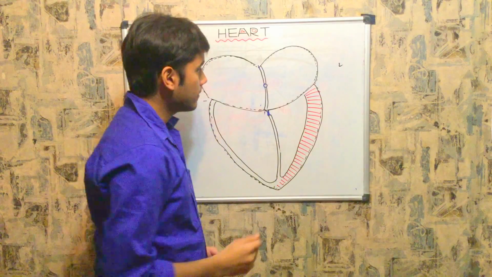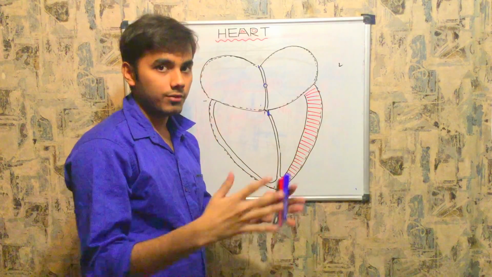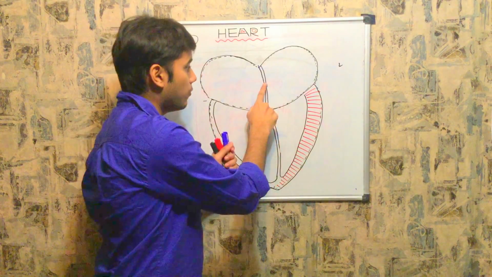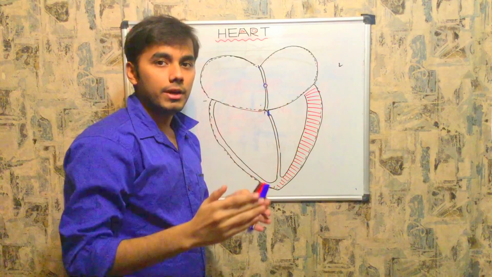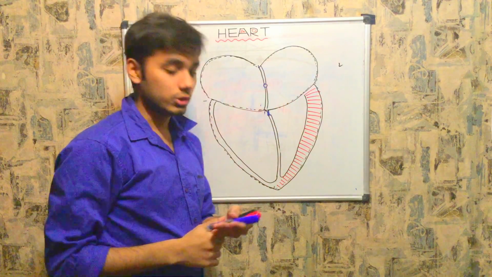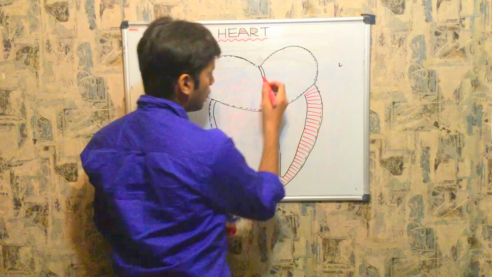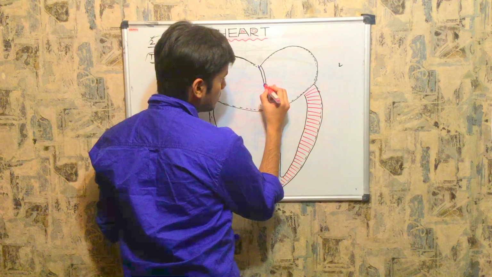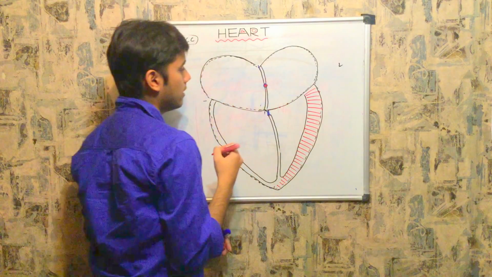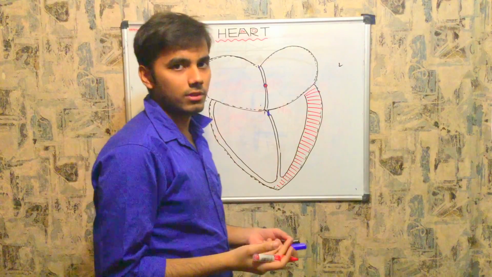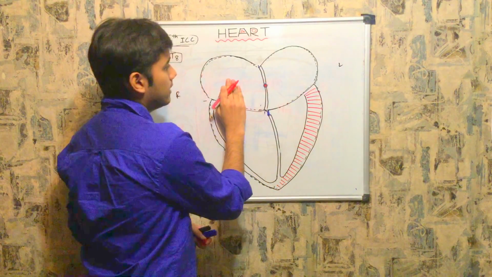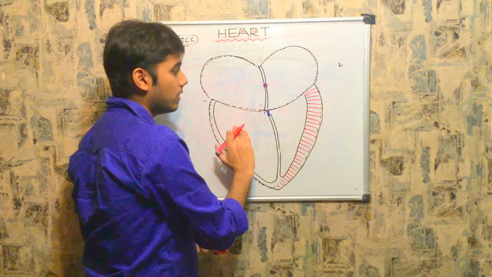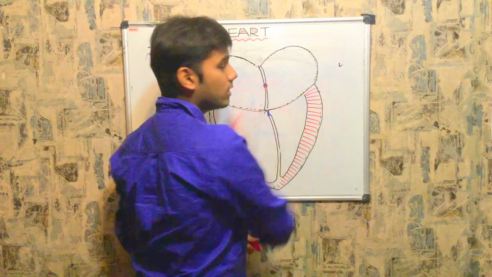Immediately after parturition, right? After parturition, this foramen ovale is closed completely with the help of a membrane, and that membrane you call the fossa ovalis. So the foramen ovale is completely closed after parturition. When the lungs become functional for the baby, the foramen ovale is immediately closed, so that the deoxygenated blood in the right part of your heart should not enter into the left part of your heart.